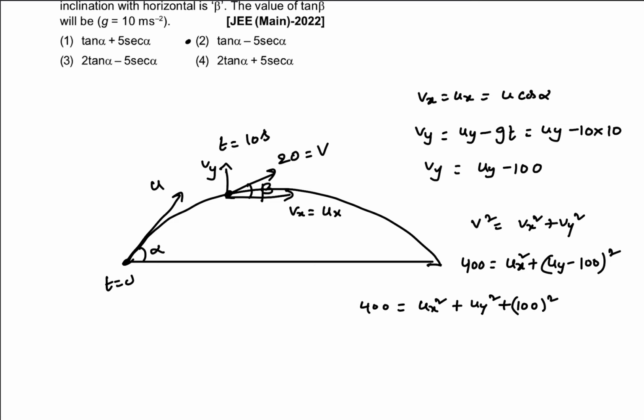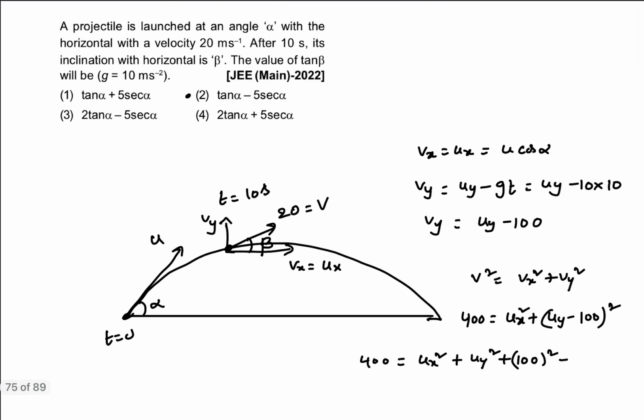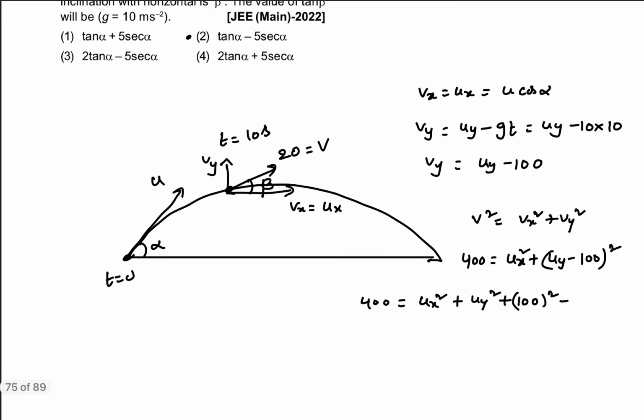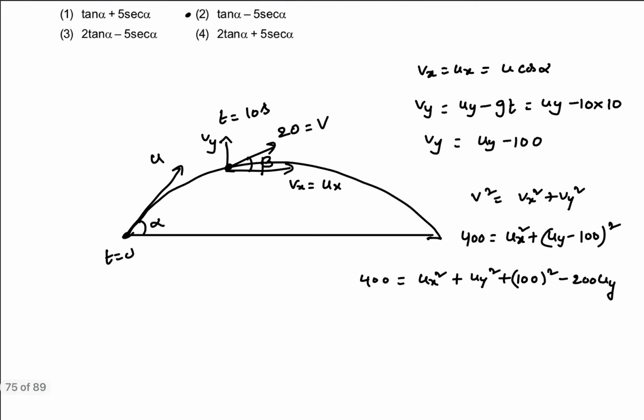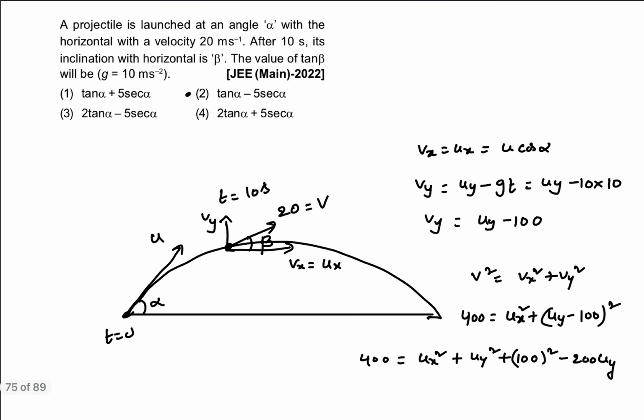Now you write that 100 whole square minus, a square plus b square minus 2ab, 200 into uy. Now you can see what about the given values here. After 10 seconds is 400 it seems. Okay, you just calculate the relations as per the question.